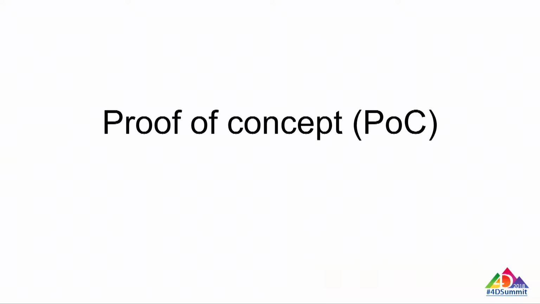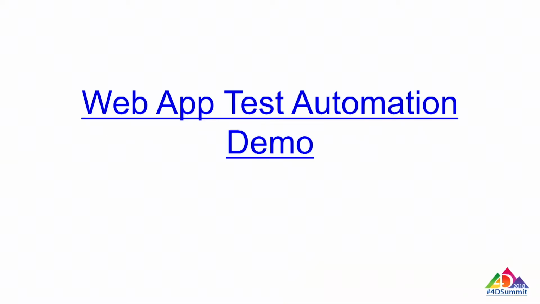The second one will be for a mobile application. So it's a test automated for sending an email via the Gmail mobile app. And the third one will be for the desktop application. So let's launch the demo.